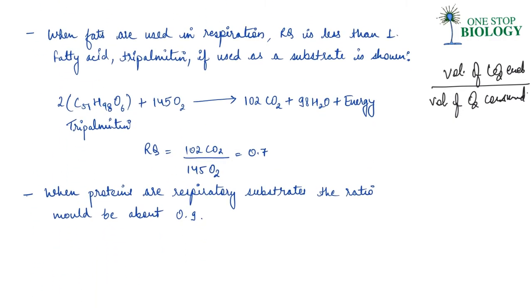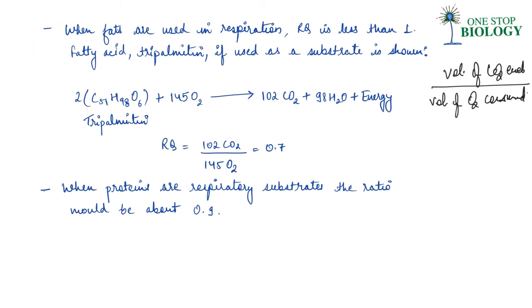Now say when fats, let's talk about fats. Now when fats are used in respiration, this respiratory quotient is said to be less than 1. Why? See here there is a molecule of fat, right? This is a tripalmitin, and when this is consumed in respiration, we require 145 molecules of oxygen.